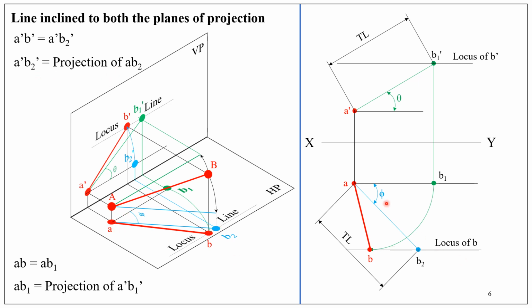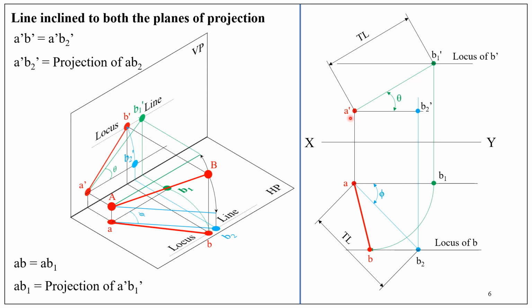So top view AB2 is here. Draw the projection of AB2, that is obtain its corresponding front view. AB2 is the top view representing the true length, assuming the line is parallel to HP and inclined at an angle phi to the VP. So its corresponding front view is A dash B2 dash, and this intersection point gives B2 dash.